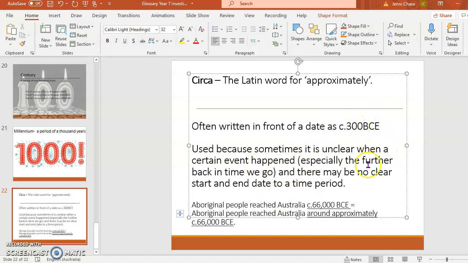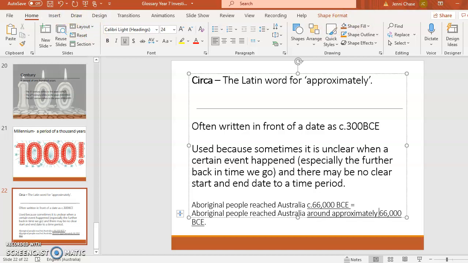Okay, it's used because sometimes it's unclear when a certain event happened, especially the further back in time we go, and there may be no clear start and end date to a time period. So, for example, you might see that Aboriginal people reached Australia C.66,000 BCE. That means that Aboriginal people reached Australia around approximately 66,000 BCE because we're just not sure because it was so long ago and because new evidence shows up all the time.